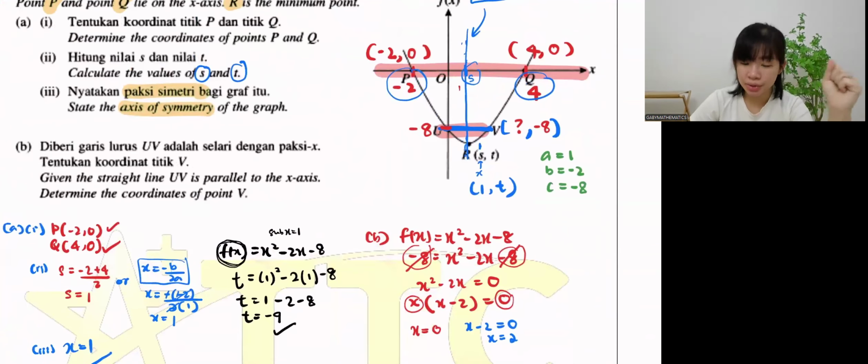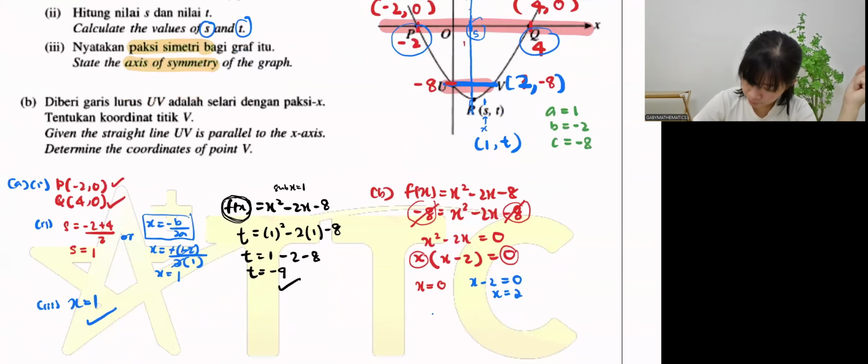You see, when y is -8, we have 2 points, same as the diagram given. So the x can be 0, the other x will be 2. So the answer is V is (2, -8).